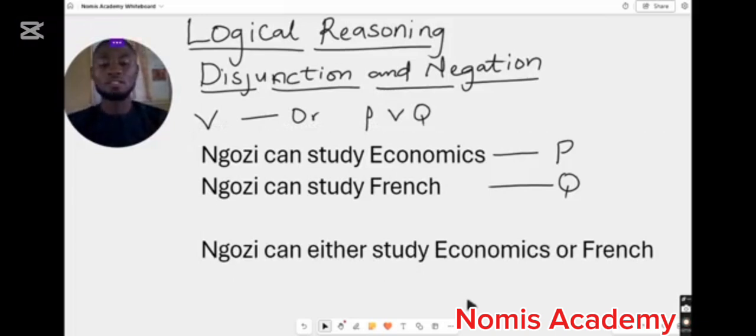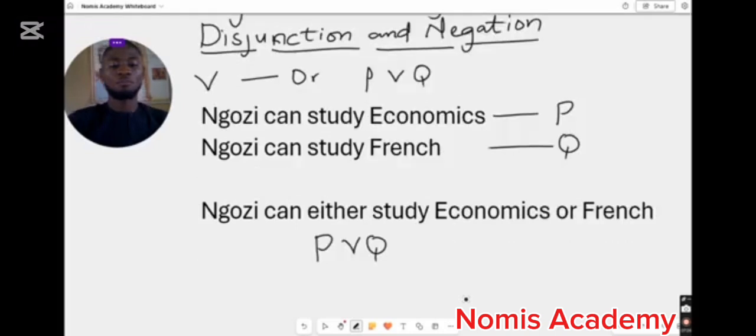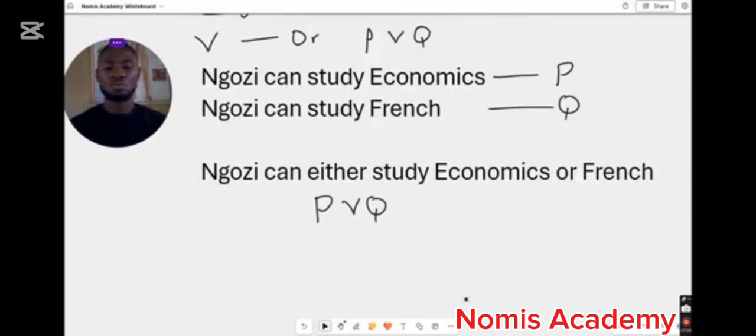Now, this compound statement, Ngozi can either study economics or French, can be written as P or Q, since P is Ngozi can study economics, and Q is Ngozi can study French. So let us look into the truth table of P or Q. When statement P is true and statement Q is true, what would the compound statement be?